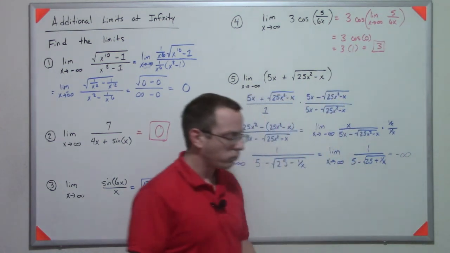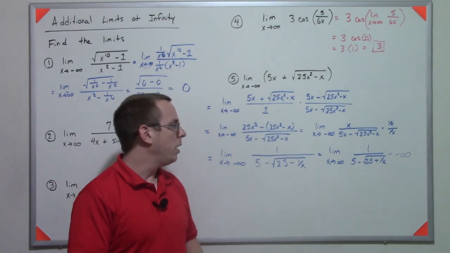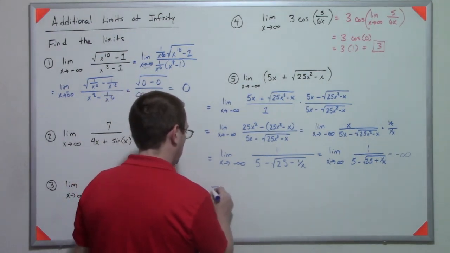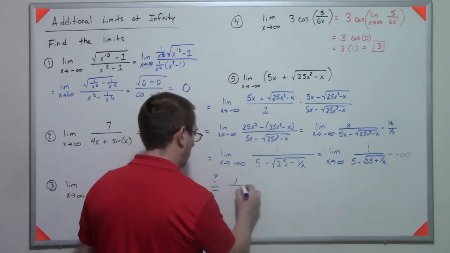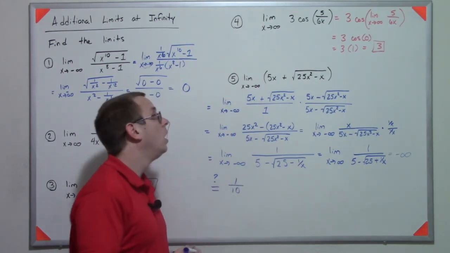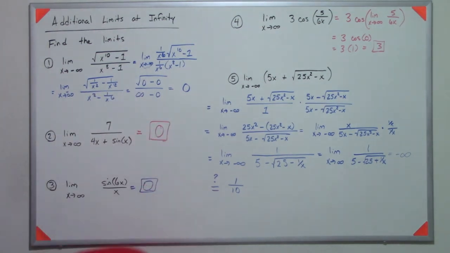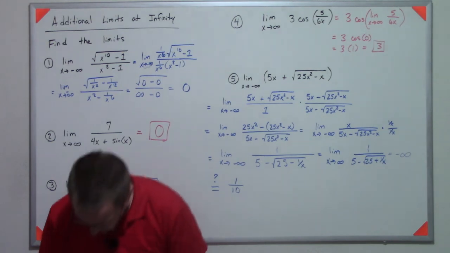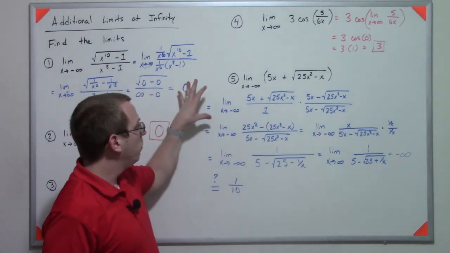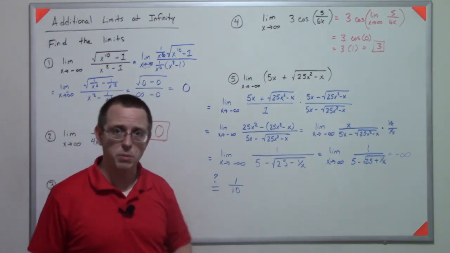Now, I want to be careful here because in my notes, the answer to this is listed as 1/10. And I'm going to be honest with you, I do not understand how that could be true. Clearly it's possible I've made a mistake here.